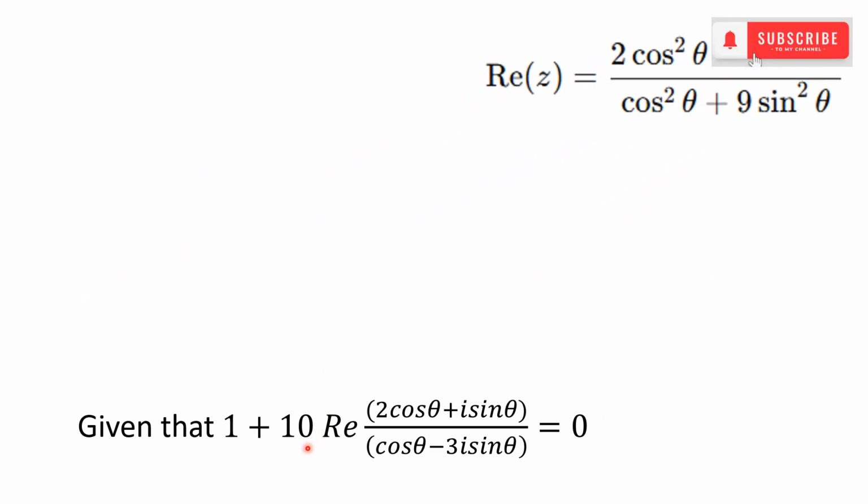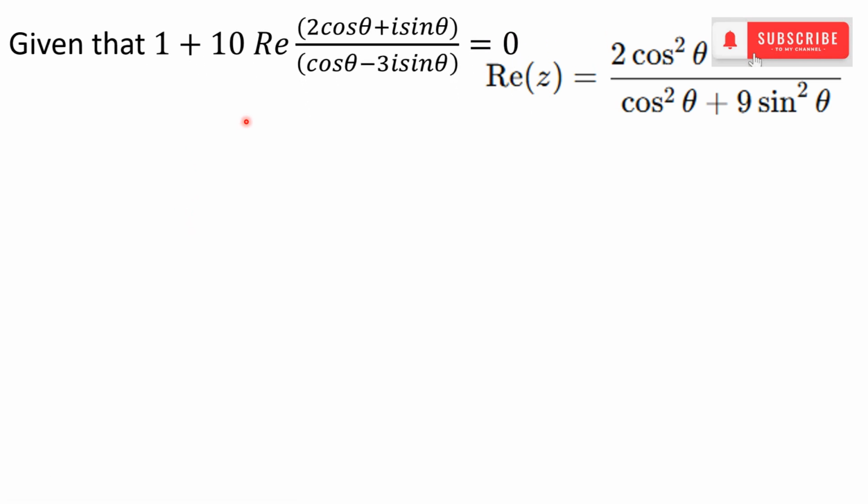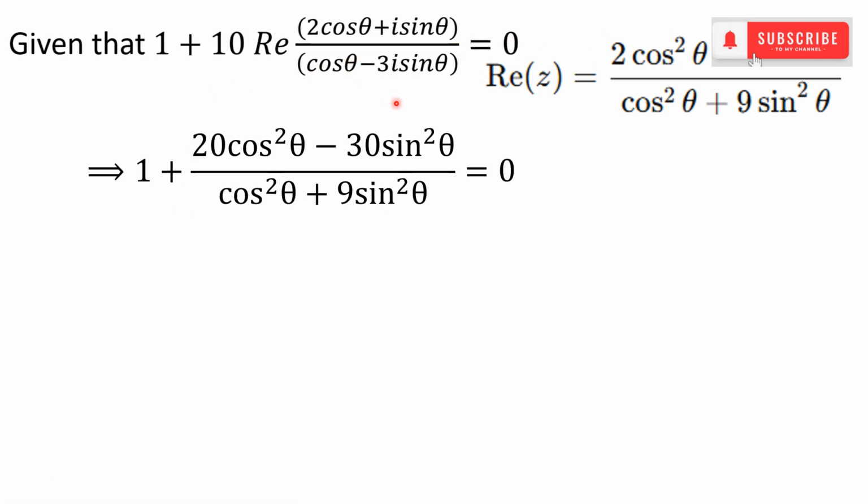Therefore, the given expression becomes 1 + (20 cos²θ − 30 sin²θ)/(cos²θ + 9 sin²θ) = 0. Let me explain again. We have 1 plus 10 times the real part of this complex number equal to 0.